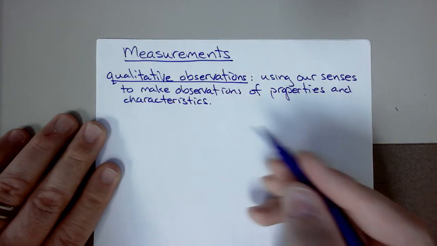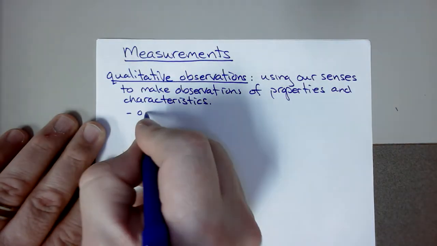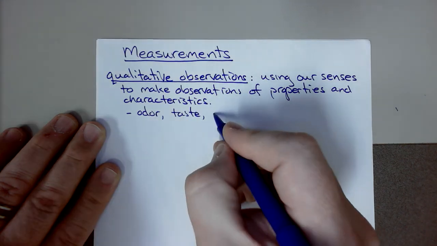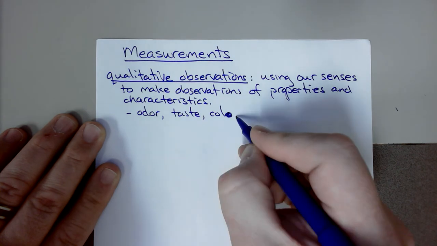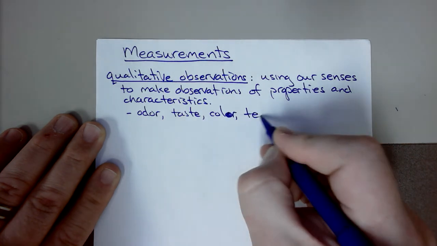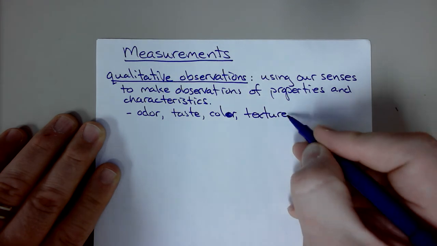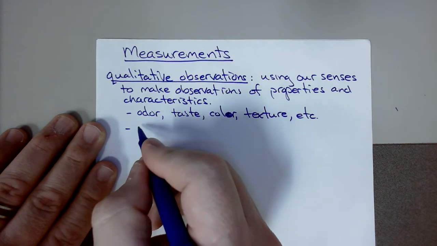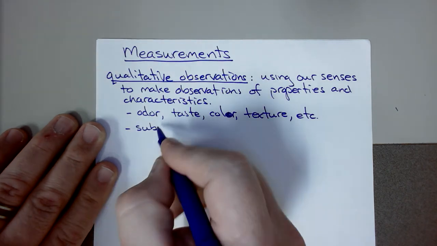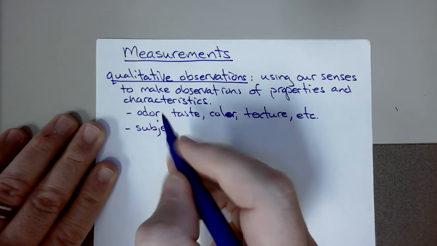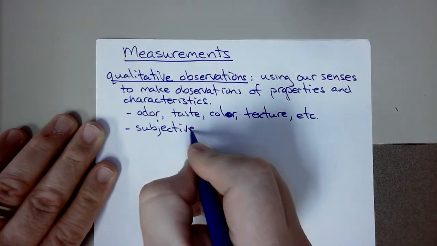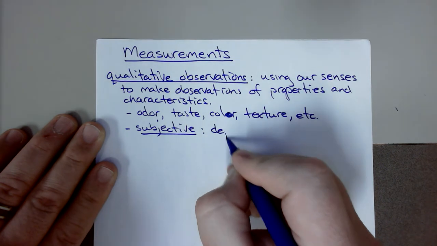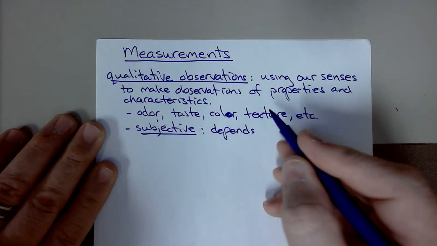Some examples would be odor, taste, color, texture, etc. These are considered subjective, which means that it depends on our perception. So if something's subjective, it depends on our perception, and not everybody perceives something the same way.